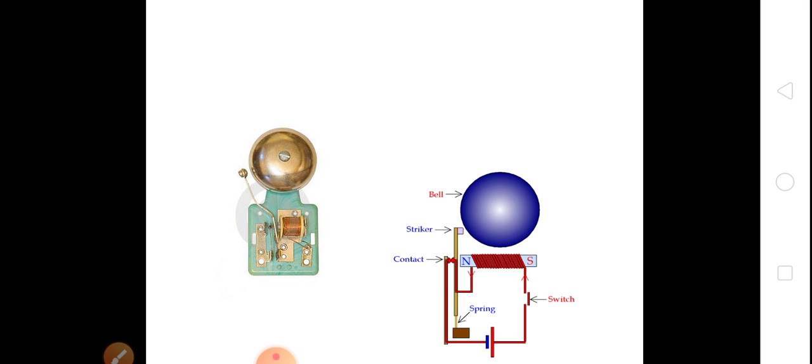Sixth, heating effect of electric current and their application. Next, short circuit and overloading along with the electric fuse, MCB, and last, children, we have discussed magnetic effect of electric current. Examples of magnetic effect, that is electromagnet and electric bell.